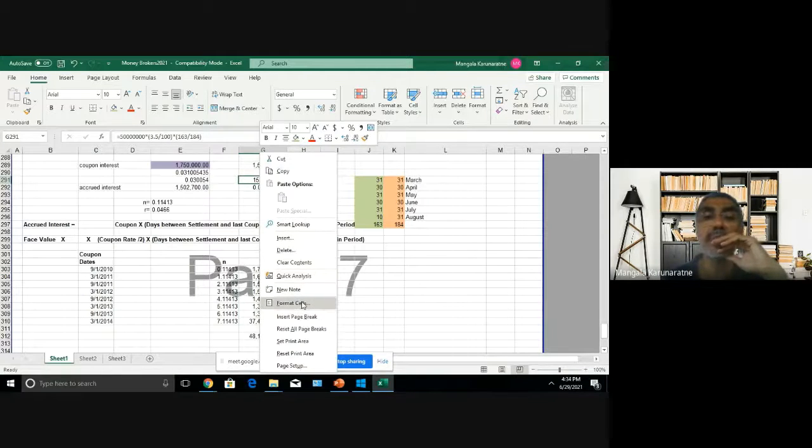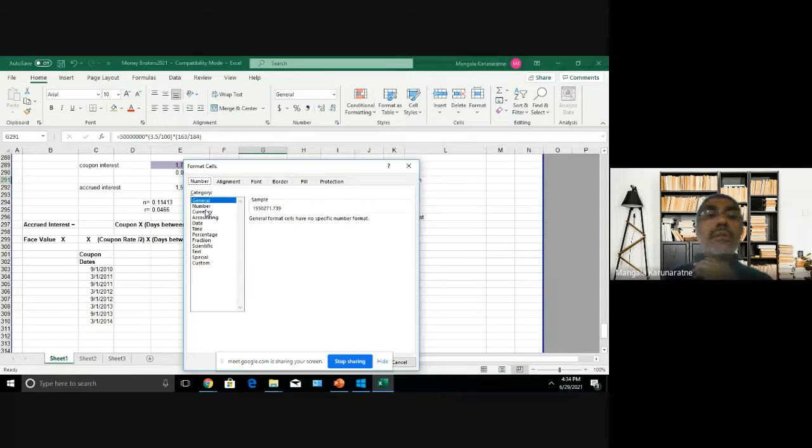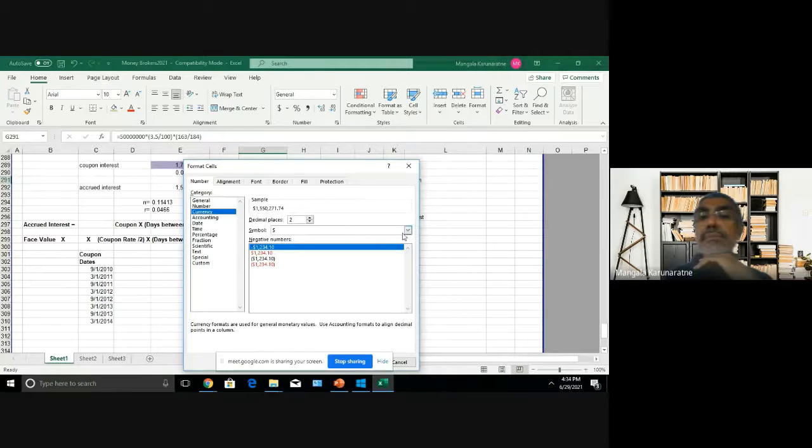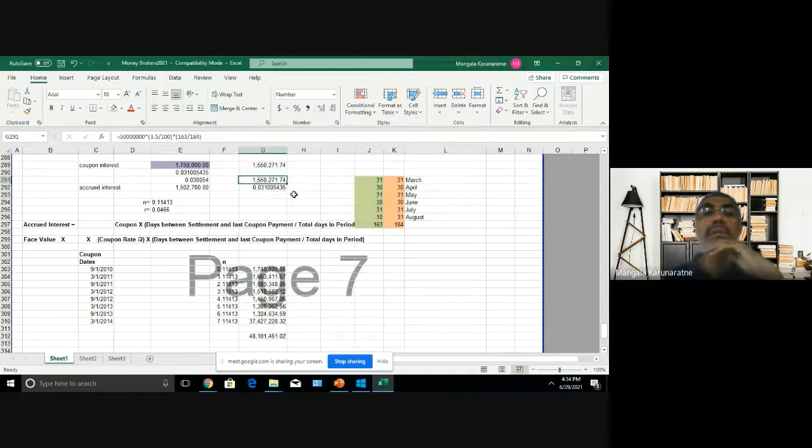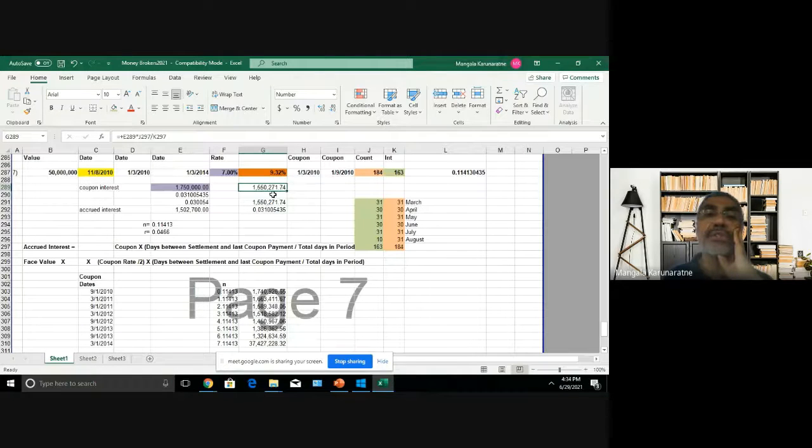Now say for currency. Right, so same answer you get. Now what is this one? 50 million into 3.5% into 163 divided by 184. So what I did here was 1,750,000. I multiply by 163 and divide by 184. So you get the same answer.